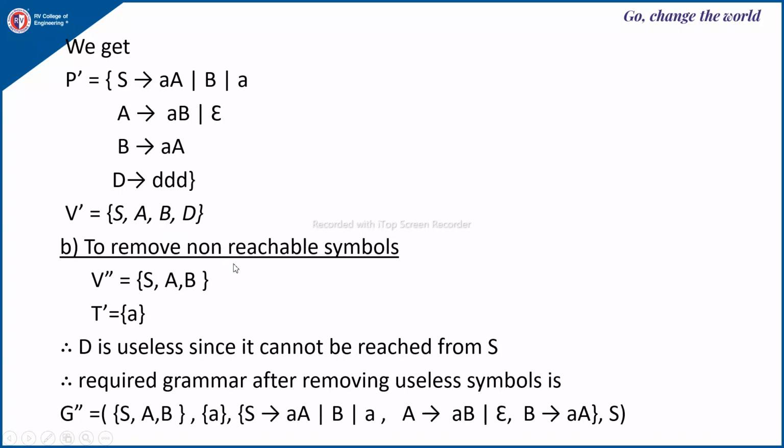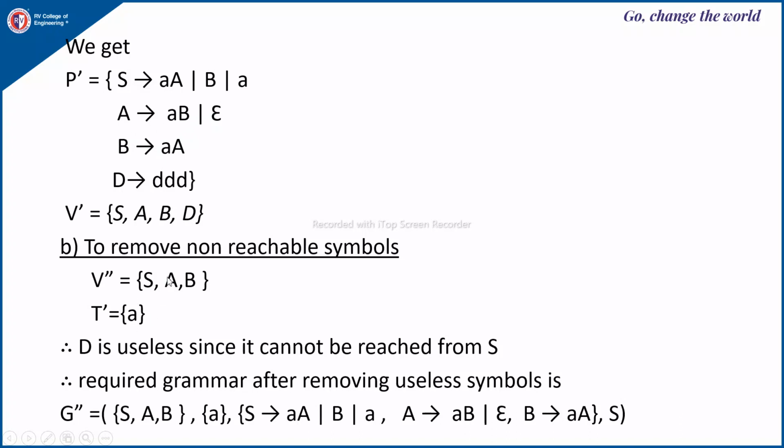Now to remove the non-reachable symbols. First we start with V dash equal to the start variable, and using the start variable I can go to the production AA. From there I can go to AB, and B I can go to AA, and again I can terminate by applying A derives epsilon.